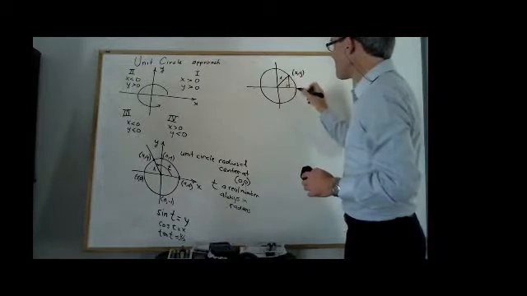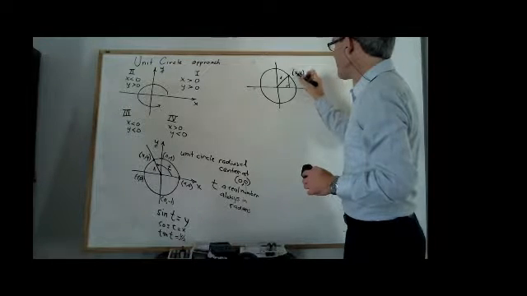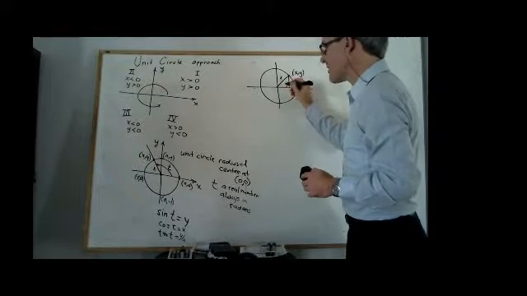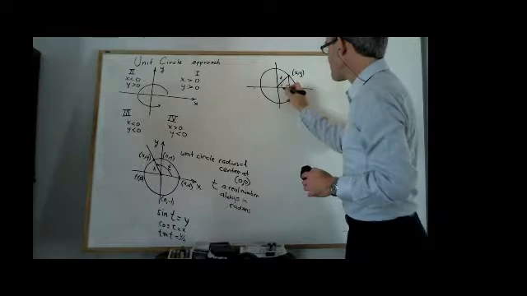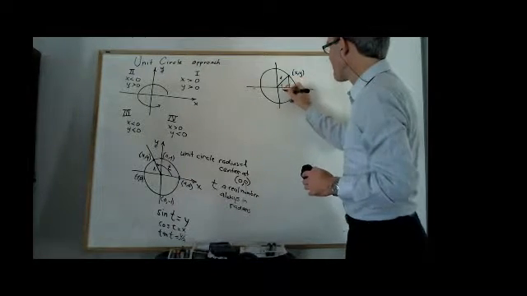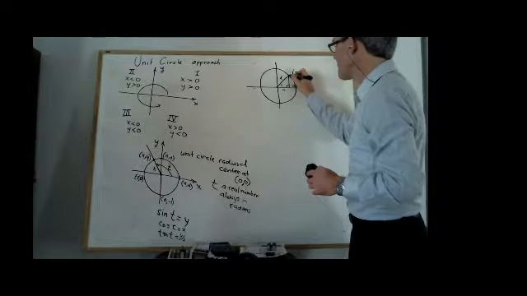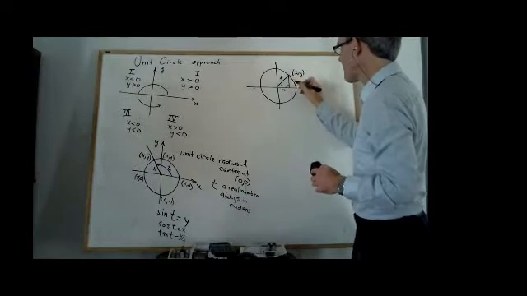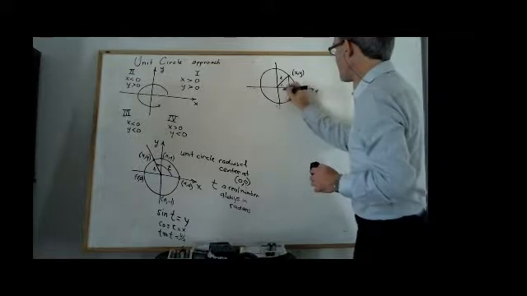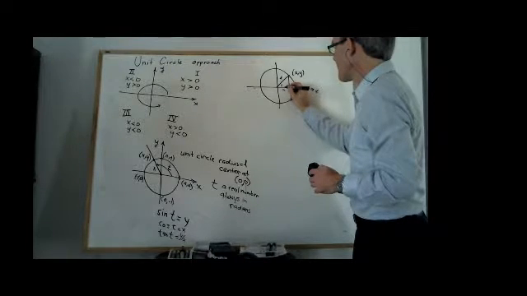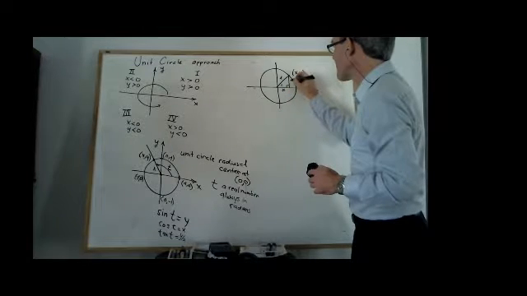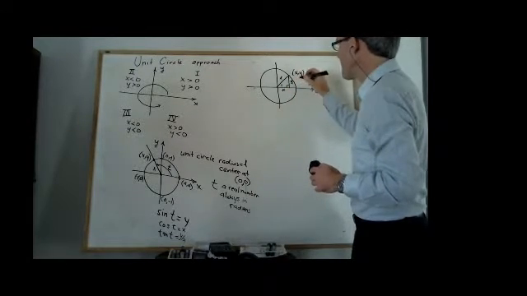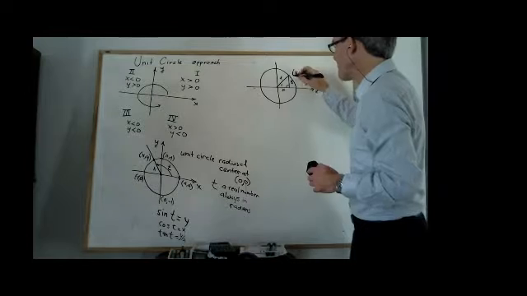And so the hypotenuse will be 1. And the angle here will be t. The adjacent side will be just the value of x, because that's how far I have to go along the x-axis to get to that point, before I go up, of course. So I go along the x-axis by a distance of x, and then I go up towards the point parallel to the y-axis by the distance of y.